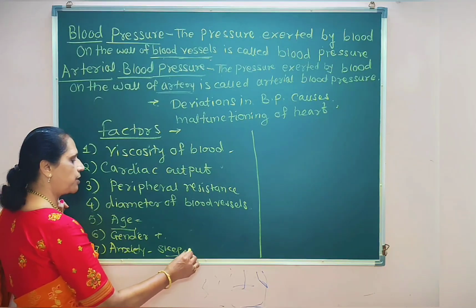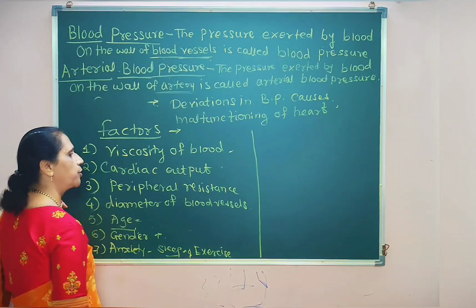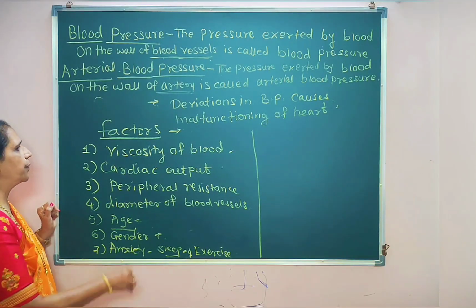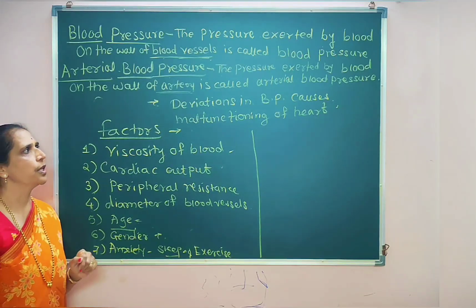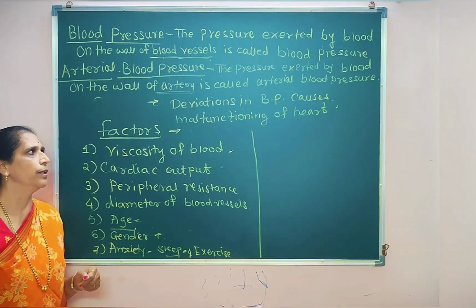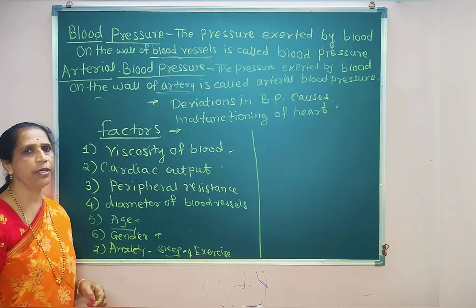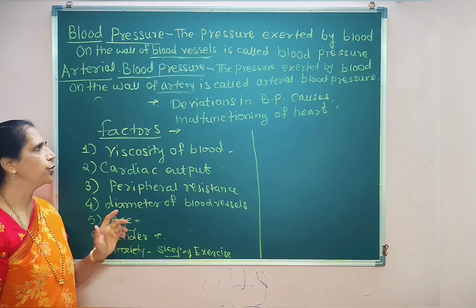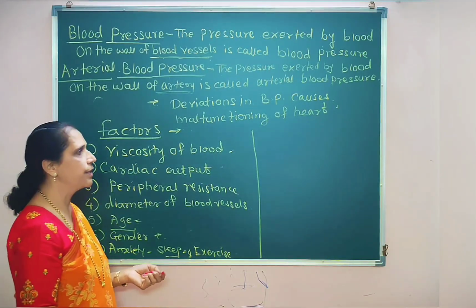So sleep and exercise are also factors which cause deviations in blood pressure. The normal blood pressure is 120/80 mm Hg, but due to these reasons it shows a decrease or increase in BP.